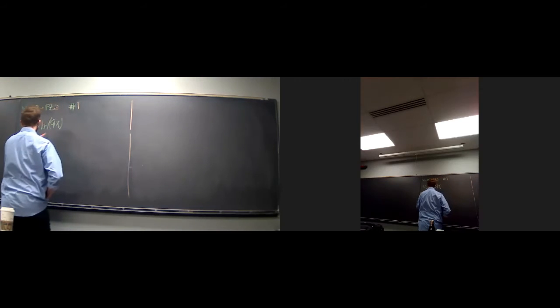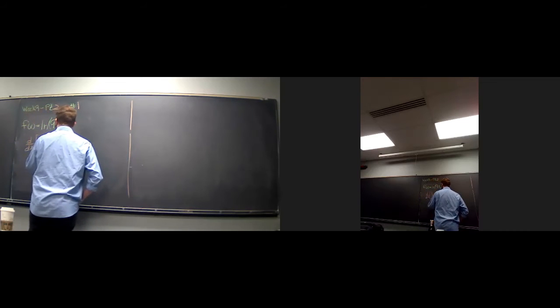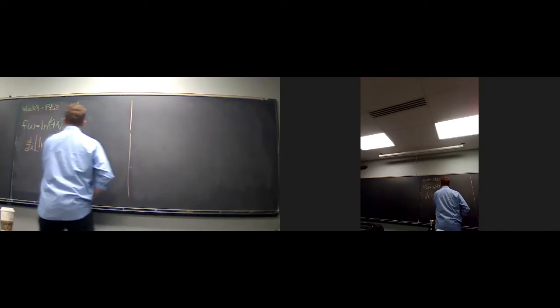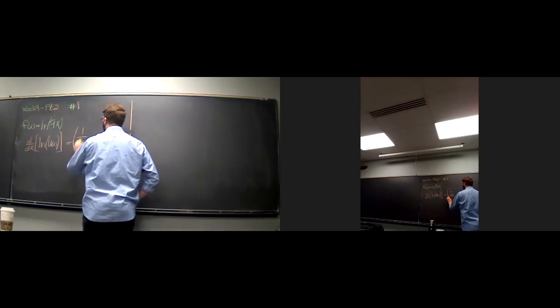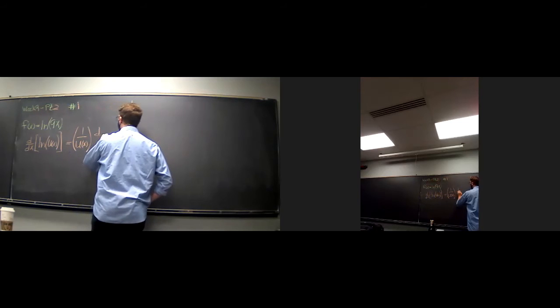Well, we know from the general derivative rules of logarithms that d dx of the ln of u of x is going to come out to be 1 over u of x times the derivative of u of x.